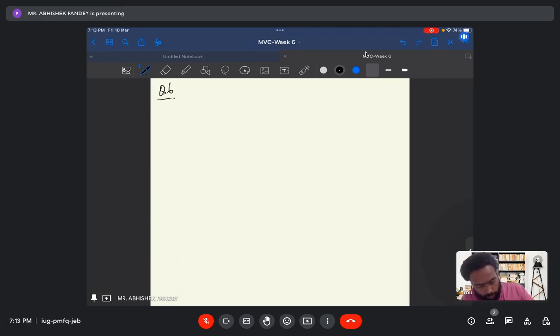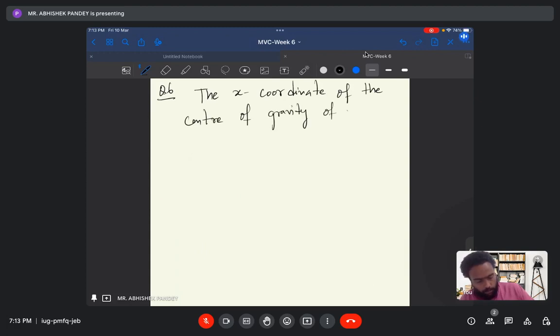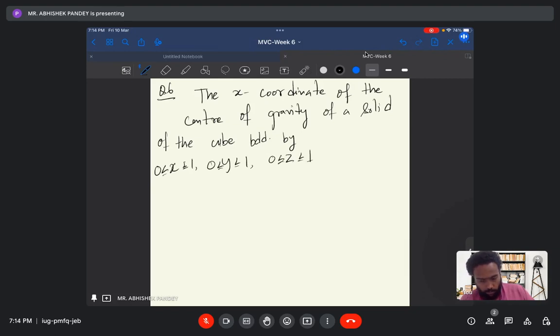The x coordinate of the center of gravity of a bounded solid, the cube bounded by x, y and z as given, with density rho of x y z equals 1 plus x y z. So we need to find the x coordinate.